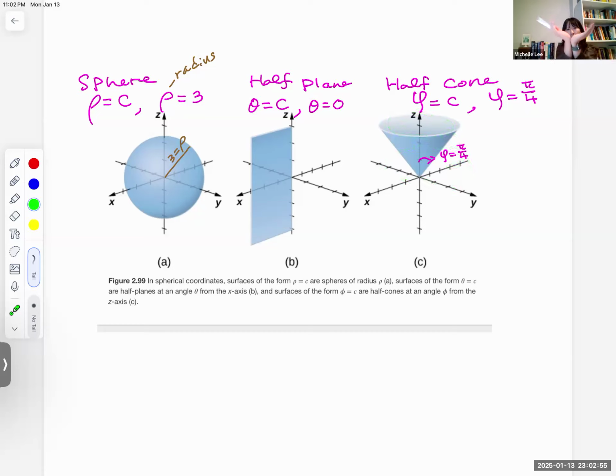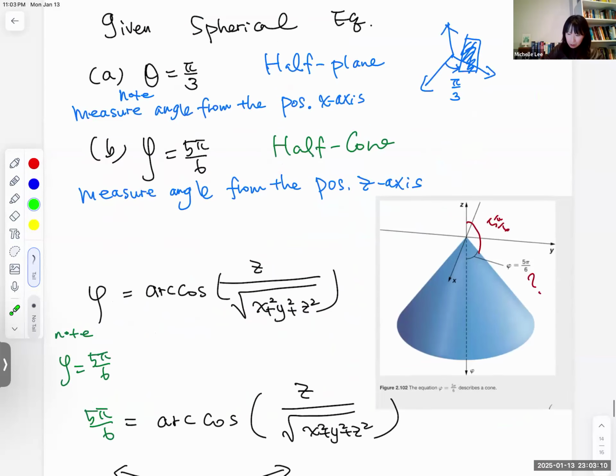Okay, now from this cone flat, and then move this way, yeah? The bottom shape of the cone. Make sense? So I want to measure 5 pi/6 like that, right? Because we measure phi from the positive z-axis, but then the textbook measures like that.